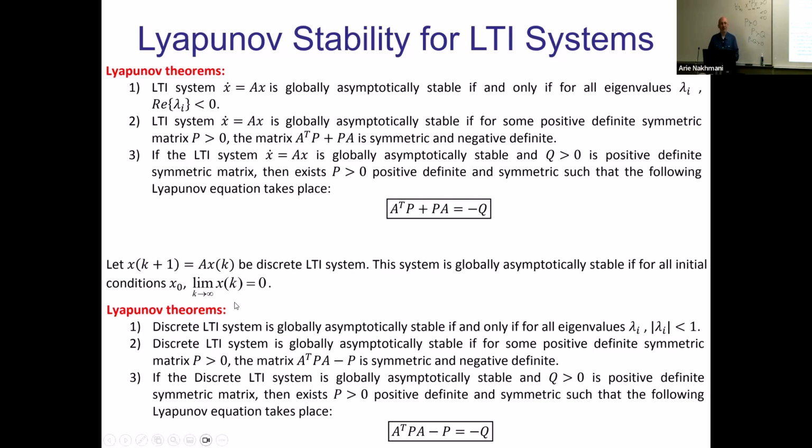Okay, so what happens with discrete time systems, where all the eigenvalues need to be in the unit circle, right? So this is a statement of Lyapunov theorems for that case, where you have a system which is x(k+1) equals A x(k), all right? This is a discrete time, linear time invariant system.